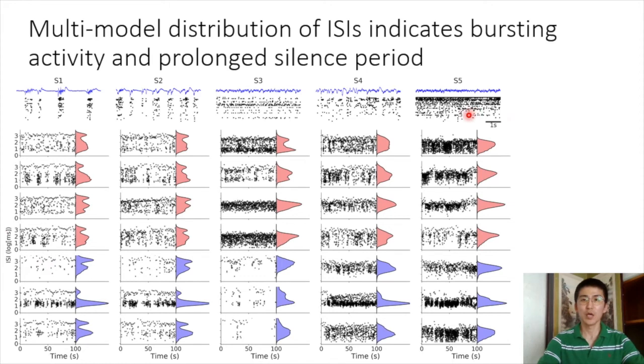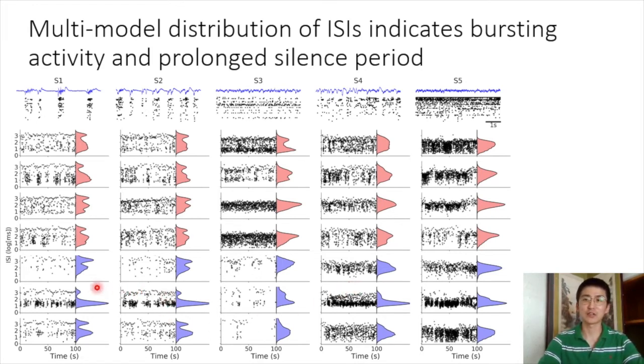The shape of ISI distribution was profoundly altered by the anesthetic. In wakefulness, the ISI distribution was unimodal, whereas in the other 4 brain states, it was bimodal or multimodal. This was partially due to the silent period in the spike activity.